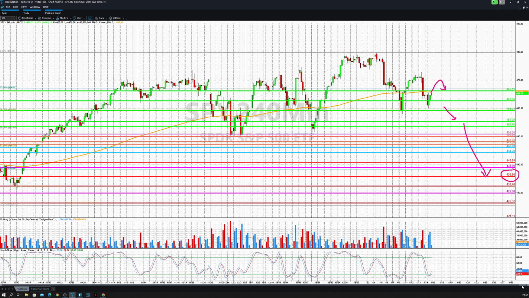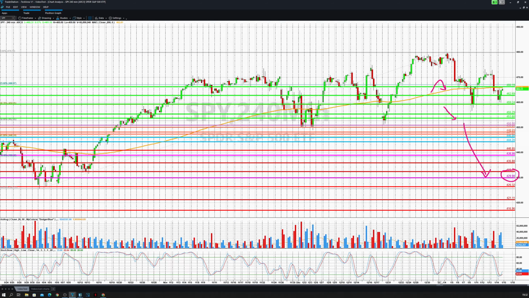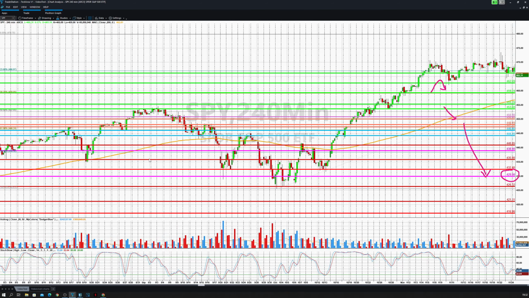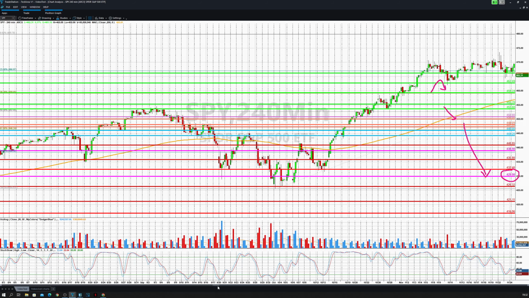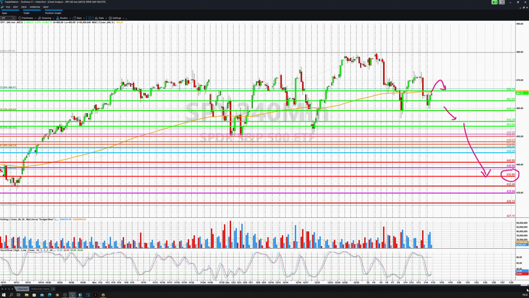If we go back and see what happened, it broke to the 426. My zone was 435, and it brought in the buyers. They didn't want to push the market to the downside, and we might face it all over again here.